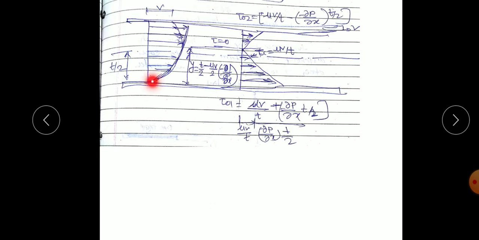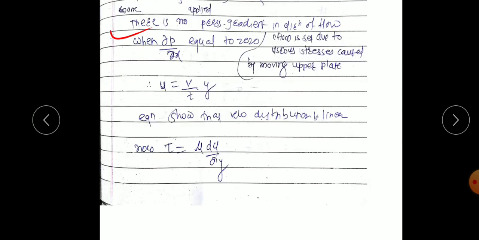As the bottom plate is fixed, the velocity is 0, and this velocity goes on increasing as we go toward the moving plate. Maximum velocity will be nearer to the moving plate, and if we move downward the velocity decreases, and at the fixed plate the velocity of the fluid becomes 0. So we get a linear profile.